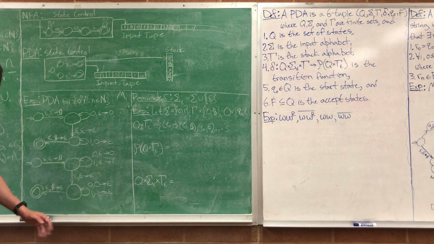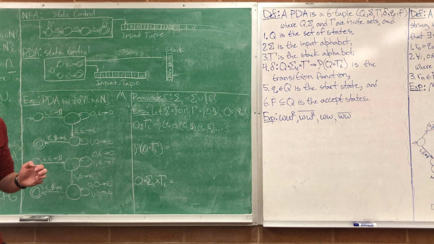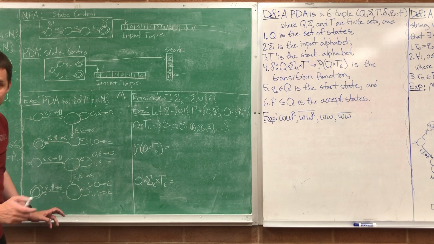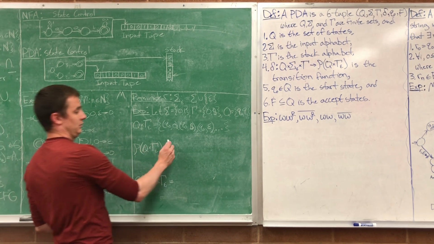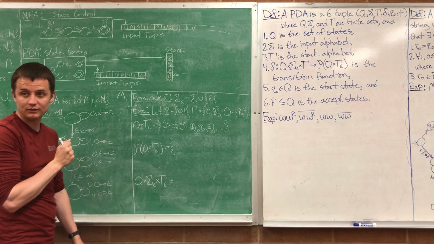Now, the power set of this set. What is the power set? Remember the power set? It's the set of all possible subsets. So it's a set of sets. So it's the set of all the possible subsets of this thing.